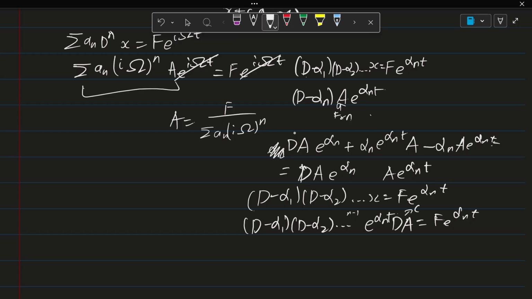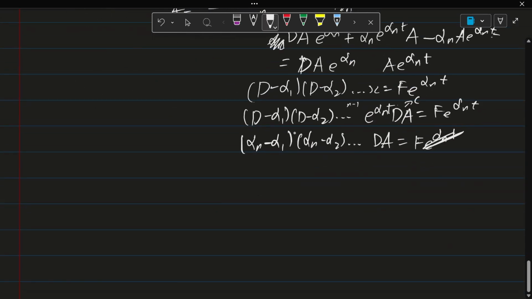We'll just assume this to be a constant now. So what you do now is that you'd get all of these terms on the outside here, like so, right? Alpha 2 and so on. And then you would get the e to the power alpha n t to be cancelled out, and you would get the dA. And this would equal f.